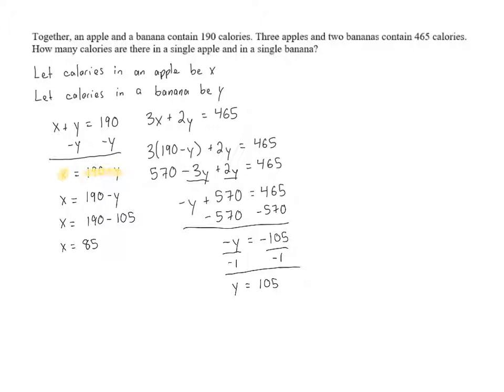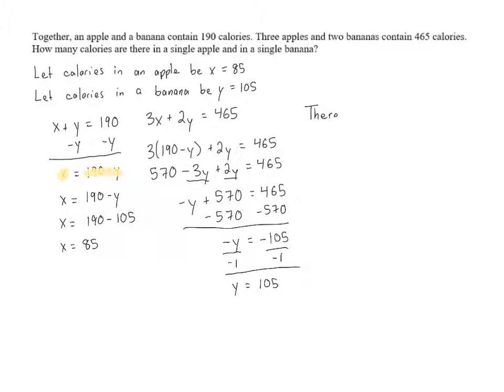So when we go up to our let statements, the calories in an apple was equal to x, and that's going to be 85. The calories in a banana was represented by y, and that's 105. So they ask how many calories are there in a single apple and in a single banana.